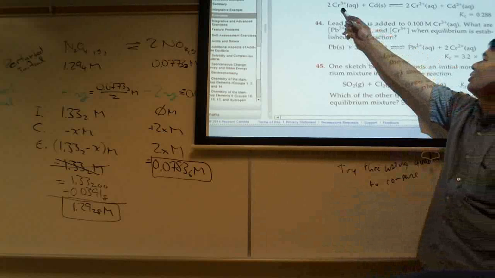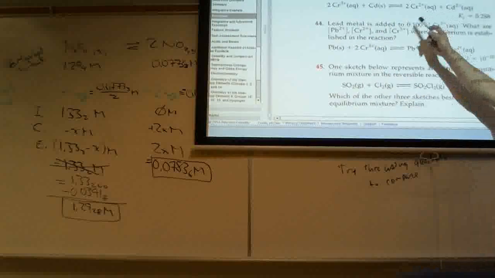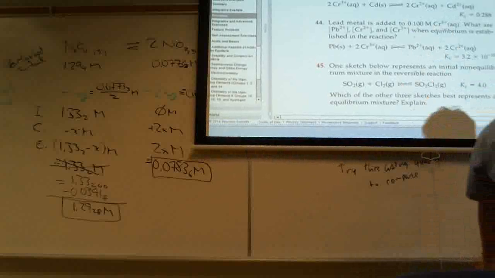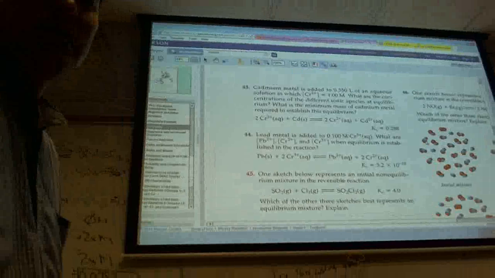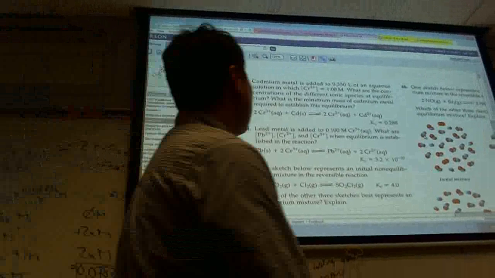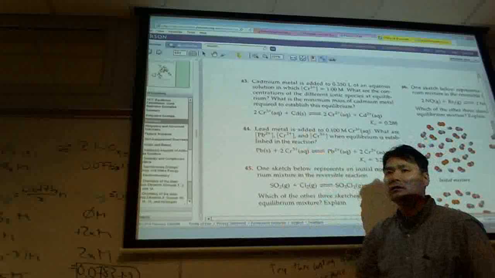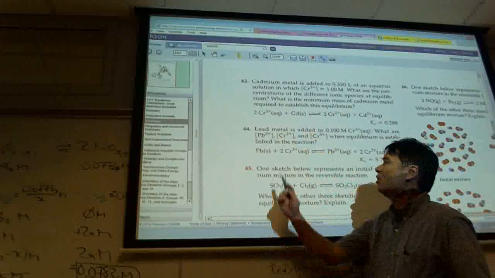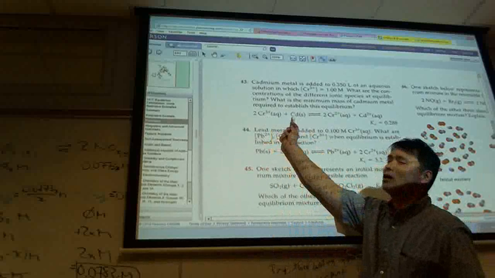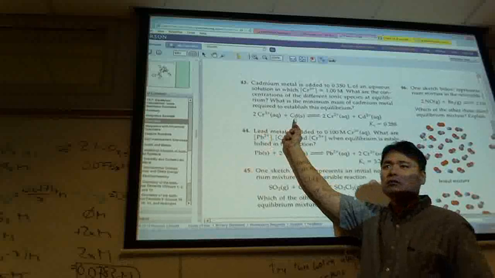Here we have chromium 3 and cadmium. What kind of reaction is this? Metathesis? This is a redox reaction. What's the oxidizer, chromium 3 or cadmium? Chromium 3. Chromium 3 is taking electrons from cadmium. So chromium 3 is the oxidizer, cadmium is the reducer.